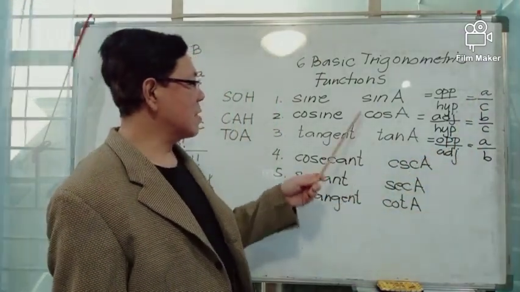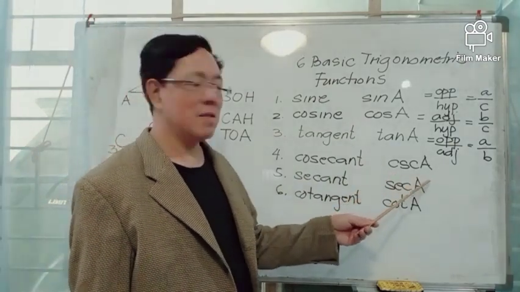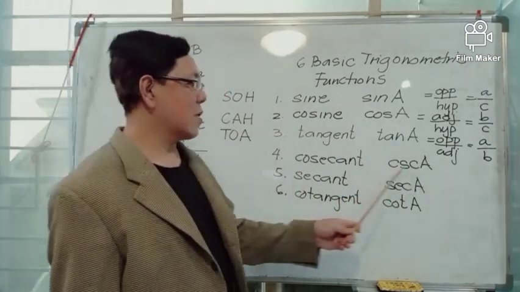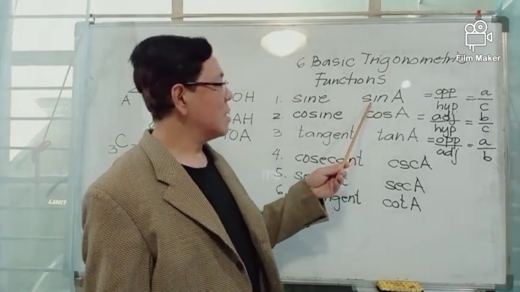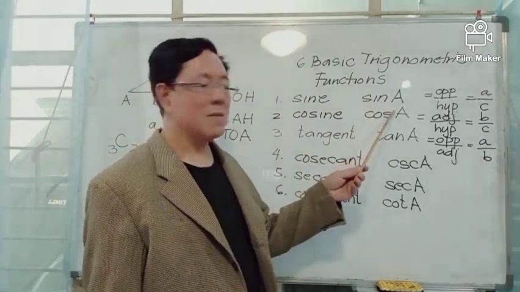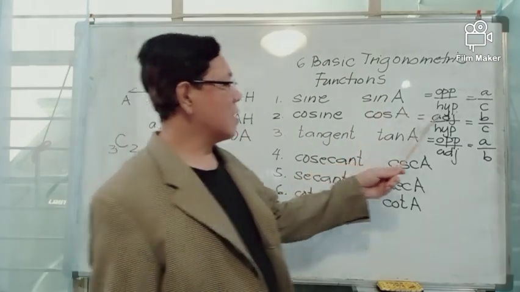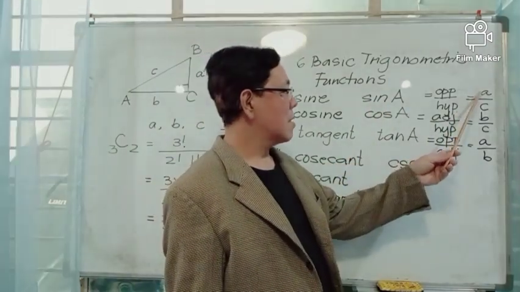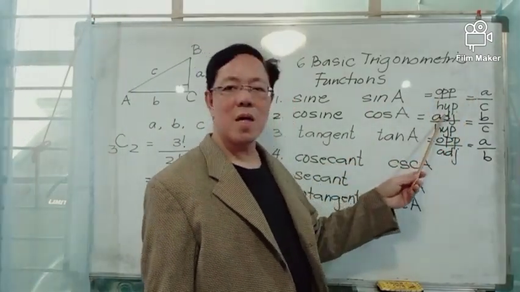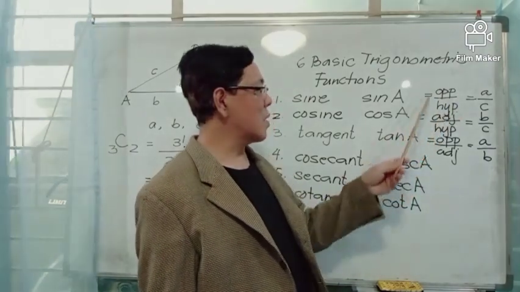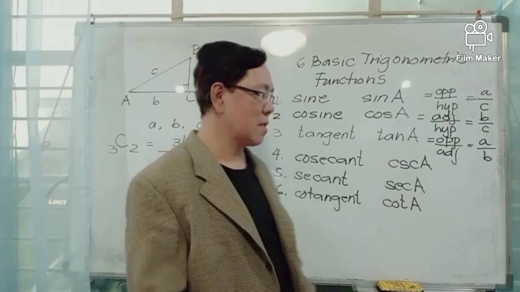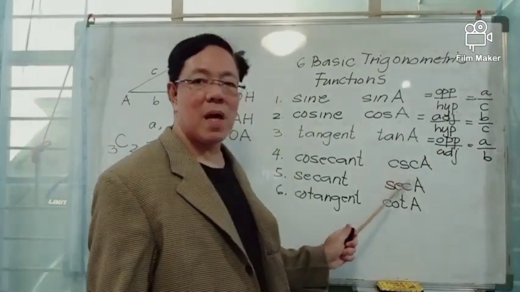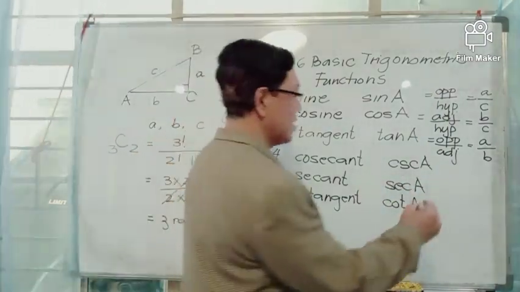As I said earlier, cosecant of A is the reciprocal of sine A. And sine A equals opposite over hypotenuse. And the reciprocal of this, from algebra, is hypotenuse over opposite. And that is the value of cosecant of A.